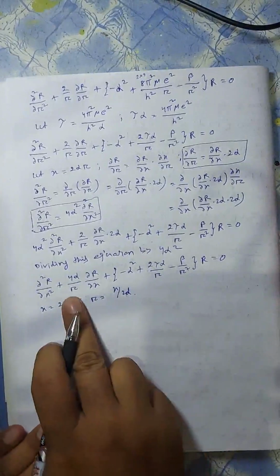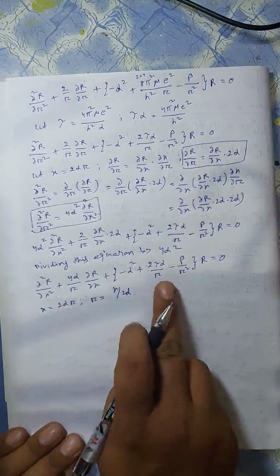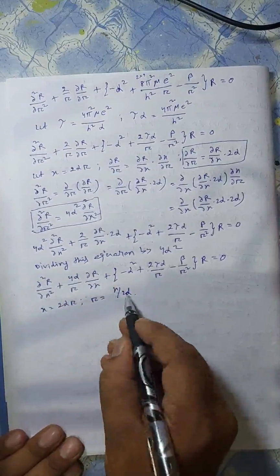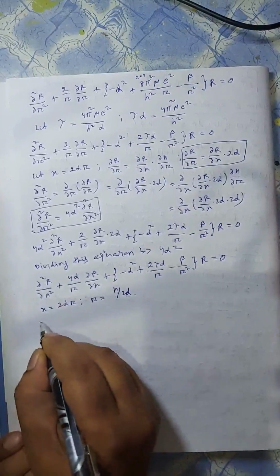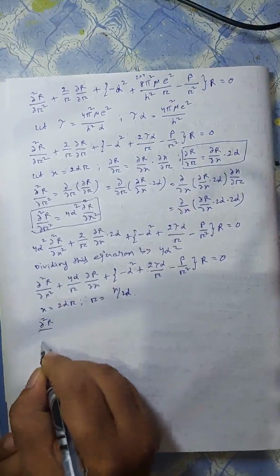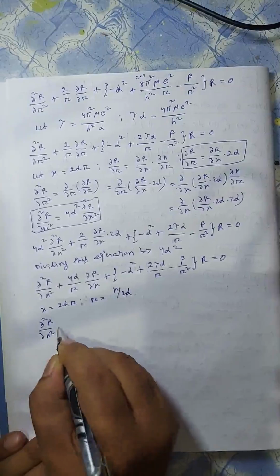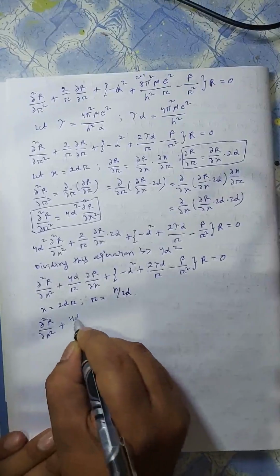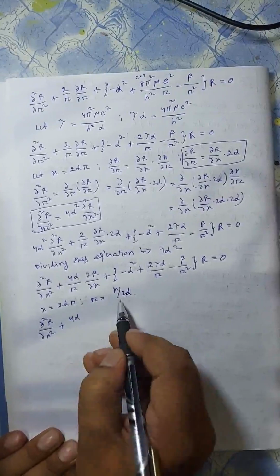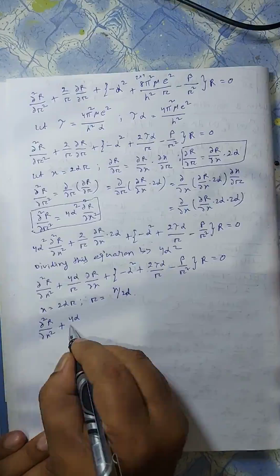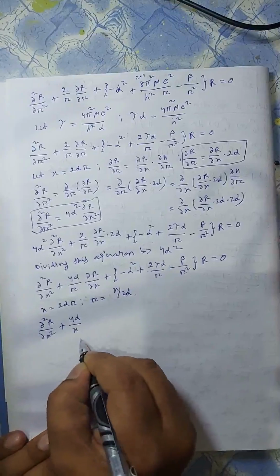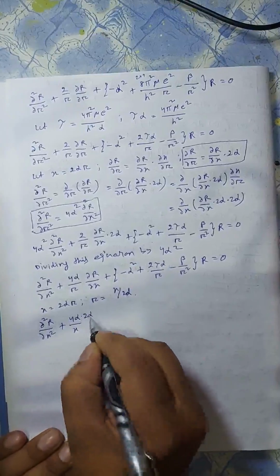Then we substitute here in place of r, x by 2 alpha. Then what do we get? ∂²R/∂x² plus 4 alpha, in place of r I write x by 2 alpha, 2 alpha will go up.